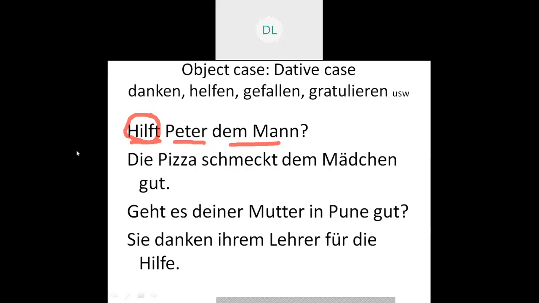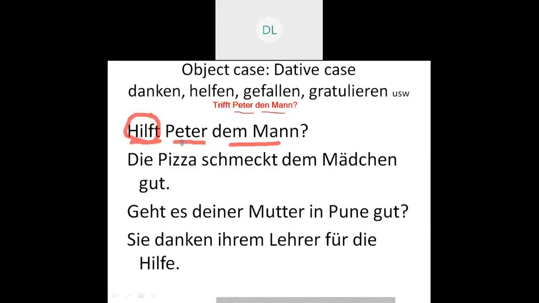On the same grounds, if for example I put up the sentence: Peter trifft den Mann. Now in this sentence, pay attention very carefully. Peter is the subject, den Mann is the object.